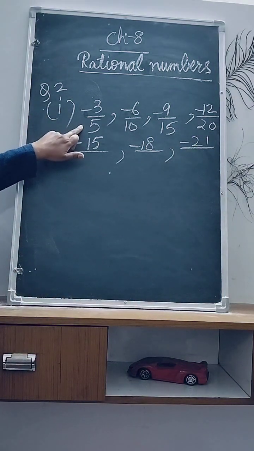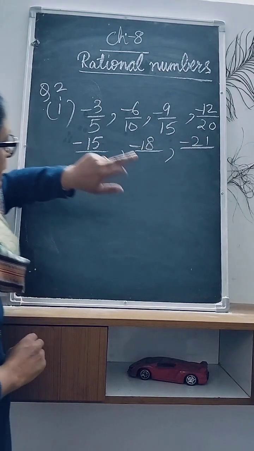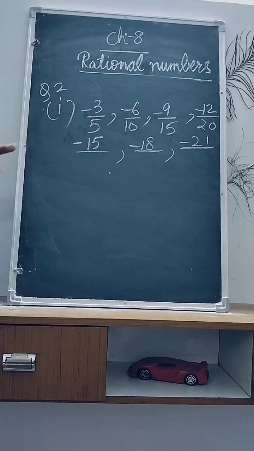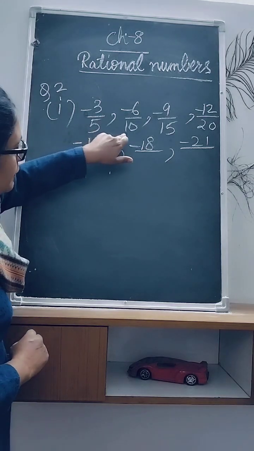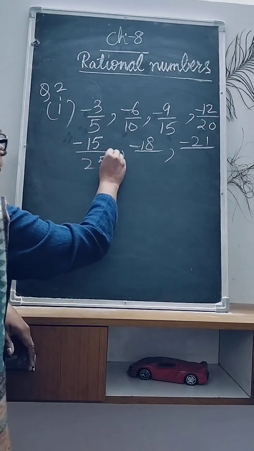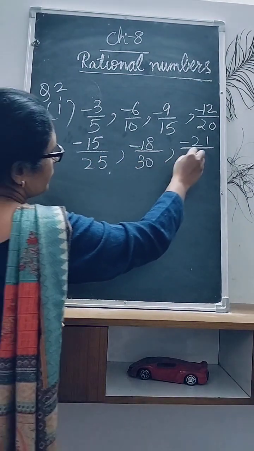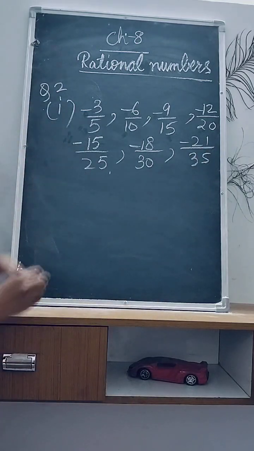Now the denominators 5, 10, 15, 20 are a table of 5. 5 fives are 25, 5 sixes are 30, 5 sevens are 35. This way you can complete the pattern.